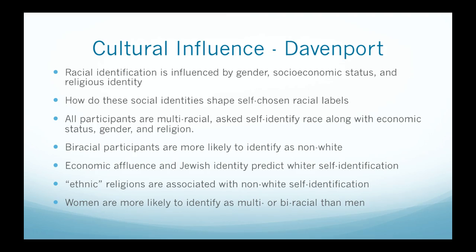All of these factors, gender, socioeconomic status, religious identity, as well as racial identification, are cultural factors and they all influence each other. So it's important to keep in mind when we're talking about race that even somewhere like the U.S., where race is not very fluid and we have a very strict set of racial categories, it still can be influenced, especially in people who are multiracial or mixed race.